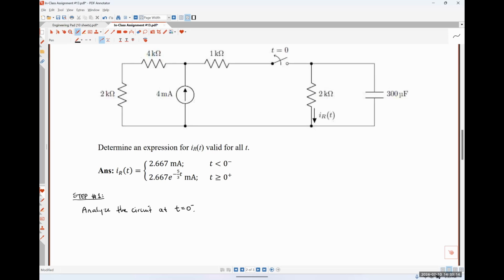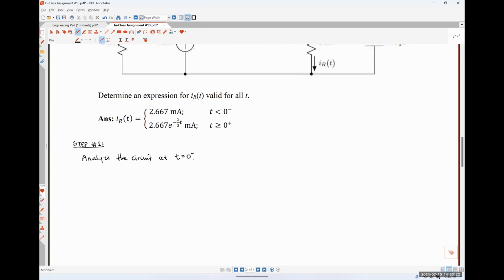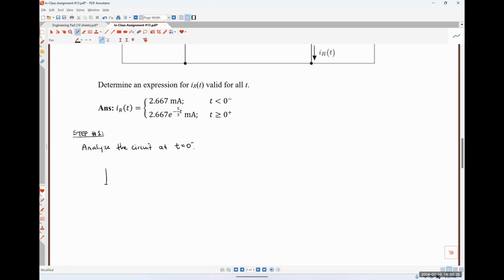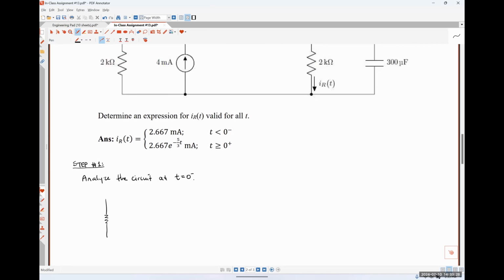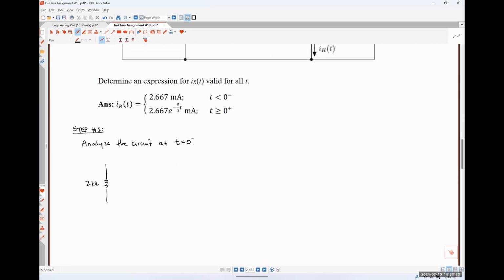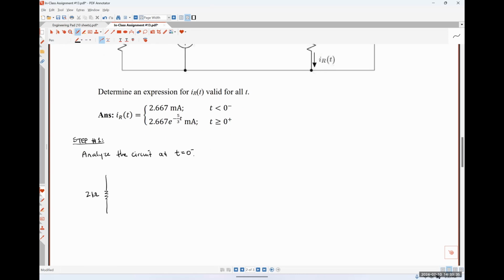So this is the moment in time immediately before the switch changes state, okay? So at t is equal to 0 minus, we are going to have a circuit that looks like this. Here we have a 2 kilo ohm resistor in series with a 4 kilo ohm resistor.